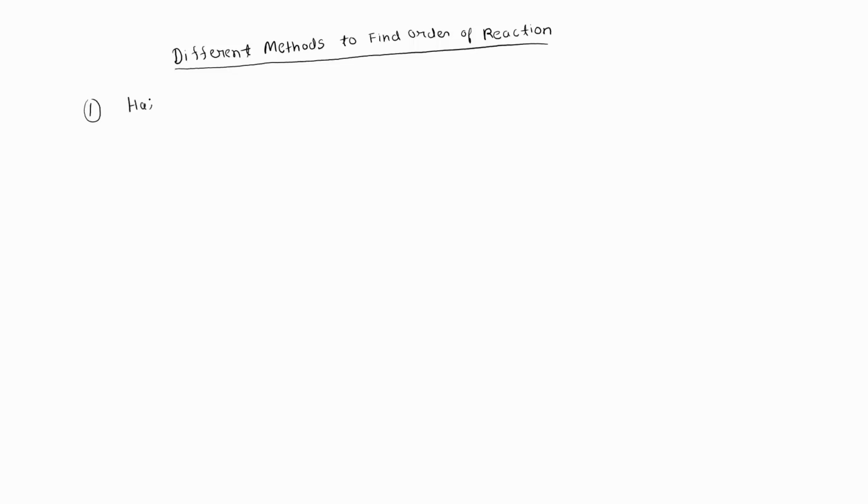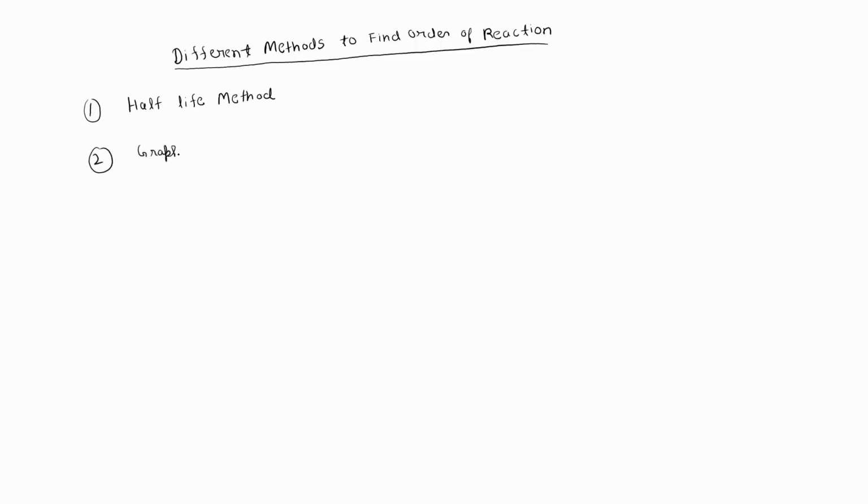So the topic is different methods to find order of reaction. Here we will talk about the first half-life method. Second, we will talk about the graphical method.